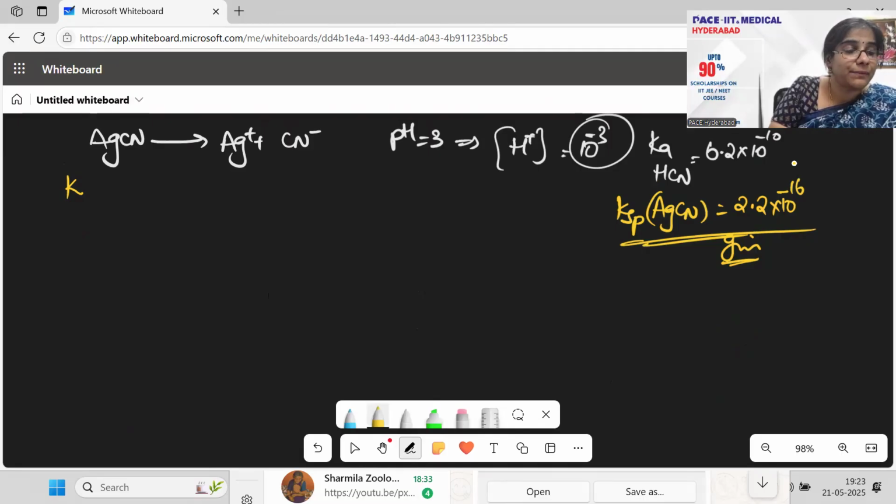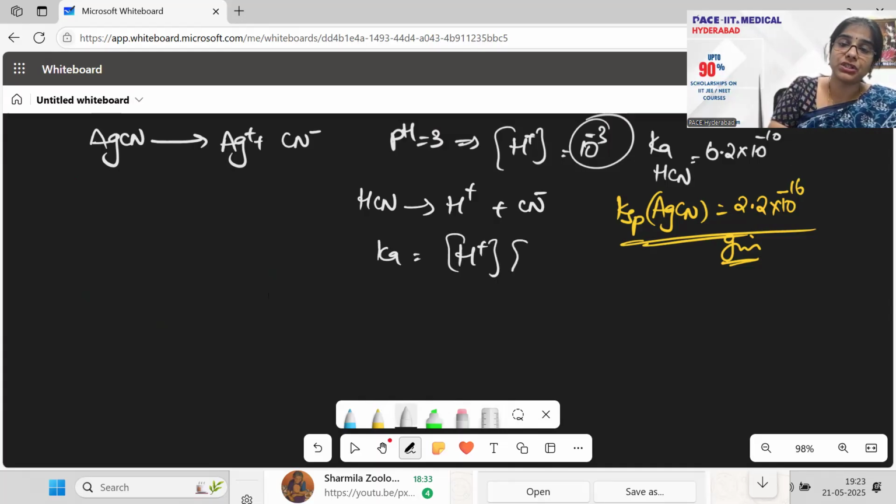So Ka, मतलब S का value पूछ रहा है, Ka of my HCN is given to you, and Ka is equal to, because HCN अगर निकला तो how would that move on? HCN will be dissociating itself into H plus and cyanide ions. Then HCN के लिए Ka क्या बनेगा?